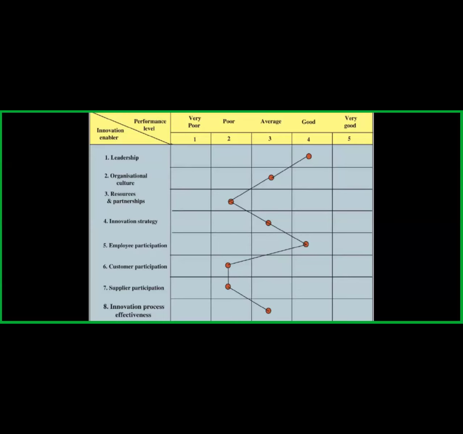So the company needs to take drastic action in this area. They have to take some corrective action so that these dots can be shifted to 4 or 5. So that is how it is to be checked.